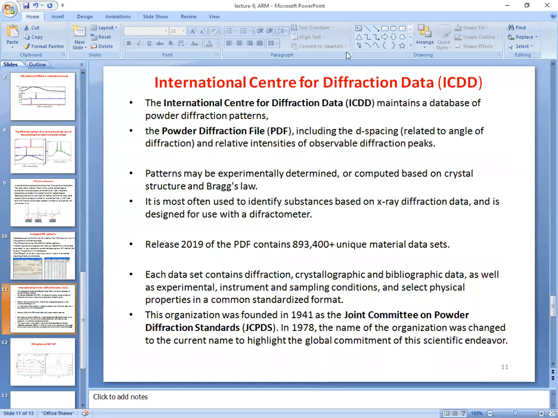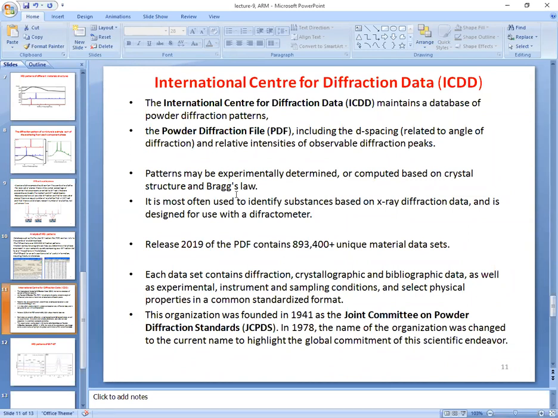The ICDD maintains a database of powder diffraction patterns, the Powder Diffraction File, PDF, including the d-spacing related to the angle of diffraction and the relative intensity of the observable diffraction peaks. Patterns may be experimentally determined or computed based on crystal structure and Bragg's law.